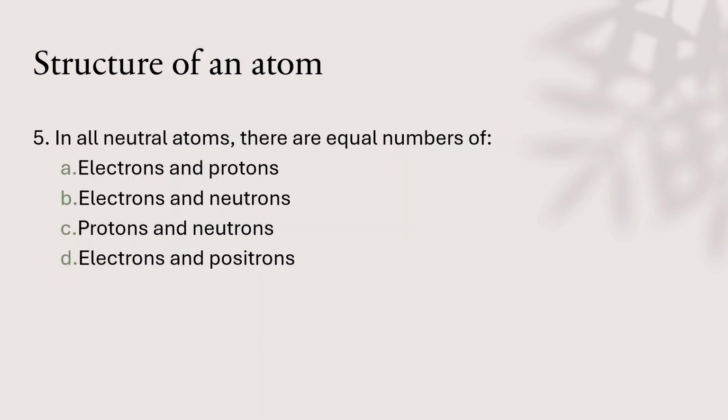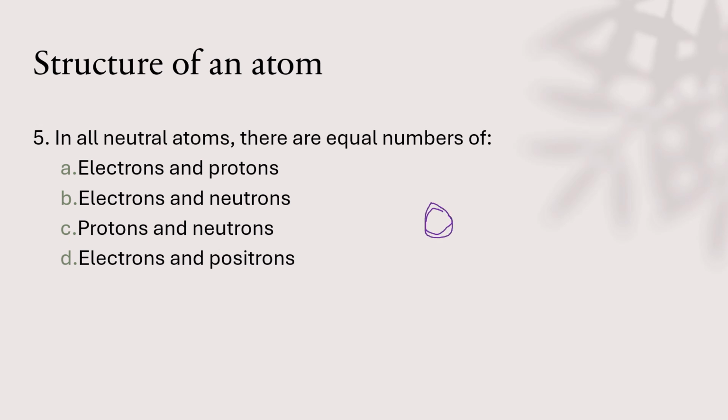Looking into some questions on the structure of an atom. So question 5 is asking us, in all neutral atoms, there are equal numbers of, so this is where you need to know the structure of an atom, obviously, and then the subatomic particles, electrons, protons, and neutrons. So you remember protons and neutrons are the 2 subatomic particles that live in the nucleus of an atom.